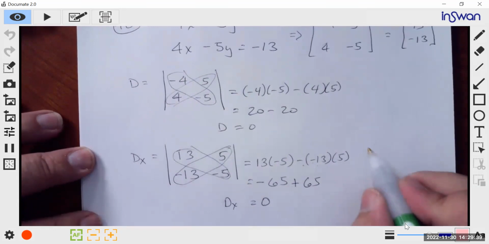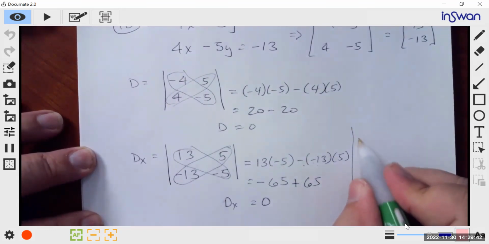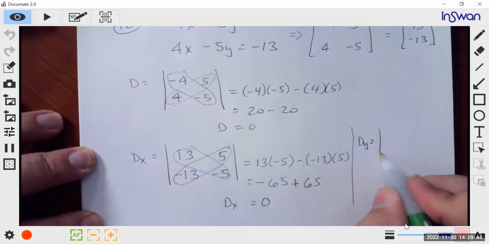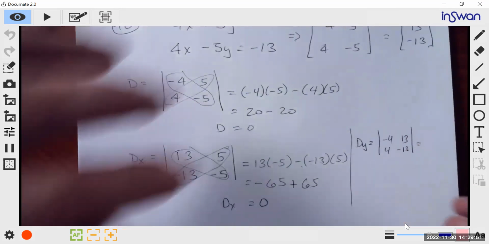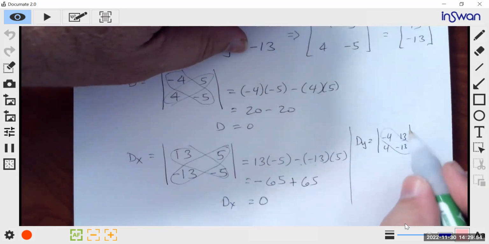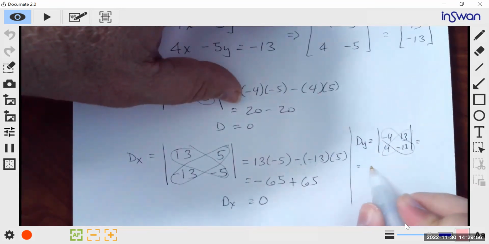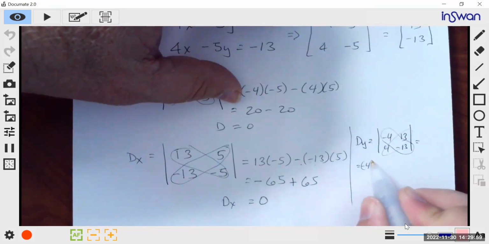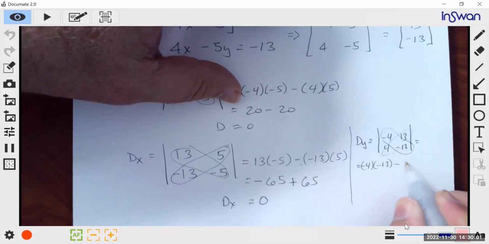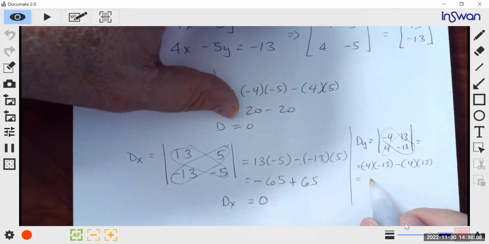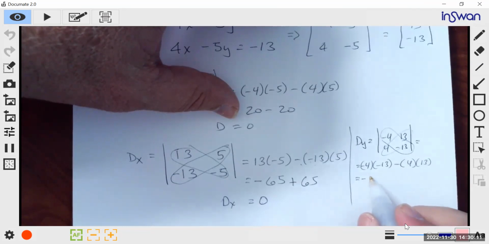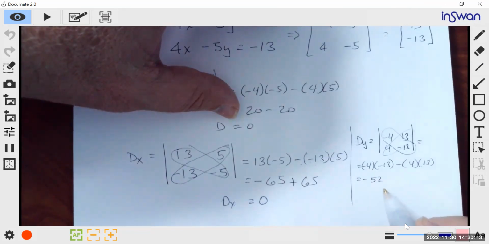Let's see what dy does. Let's squeeze in the dy here. We have a -4 over 4, 13, -13. -4 times -13 minus 4 times 13. 52.